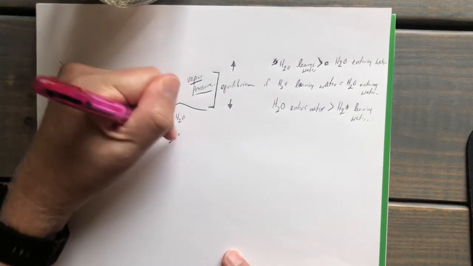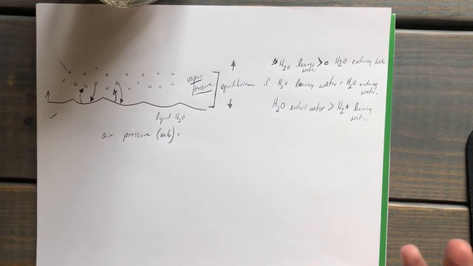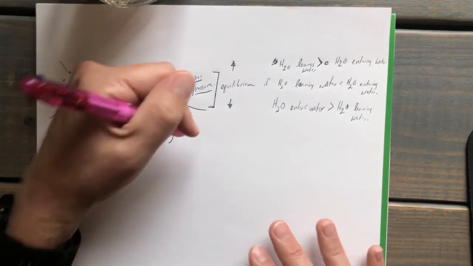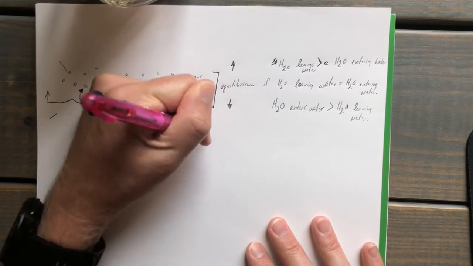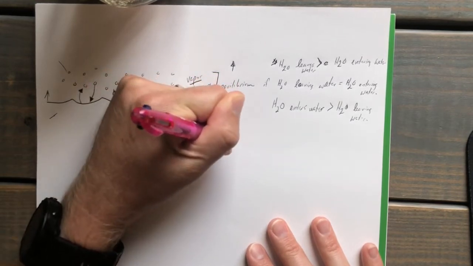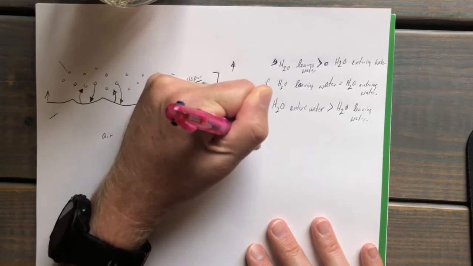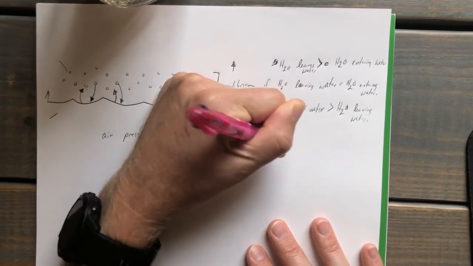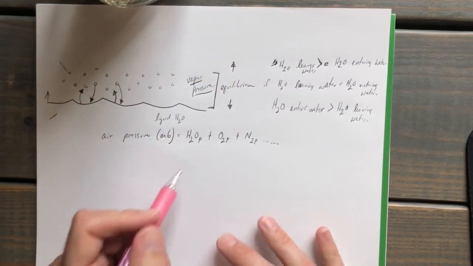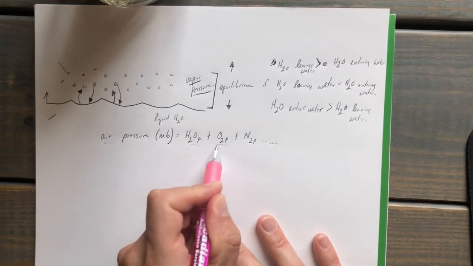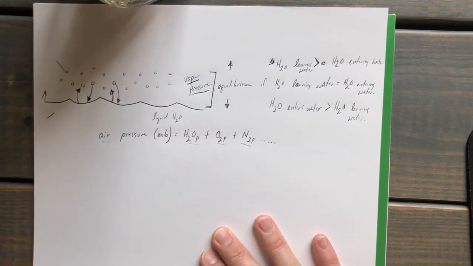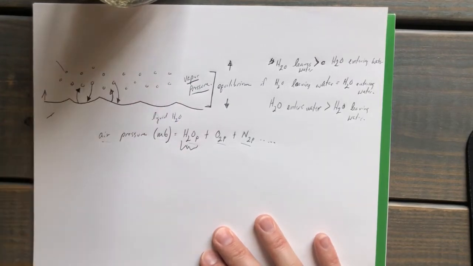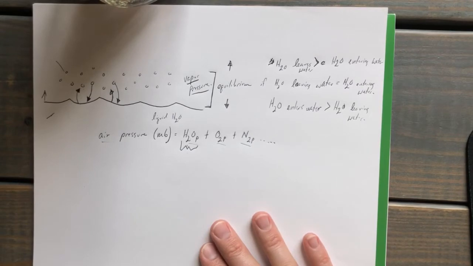Air pressure is actually the sum of all of the different gas molecule phases. So H2O pressure plus O2 pressure plus nitrogen pressure, etc. If you were to take a chemistry class, you'd learn that air pressure is a summation of all of the different gas pressures. And so with respect to vapor pressure, we're talking about water vapor pressure.